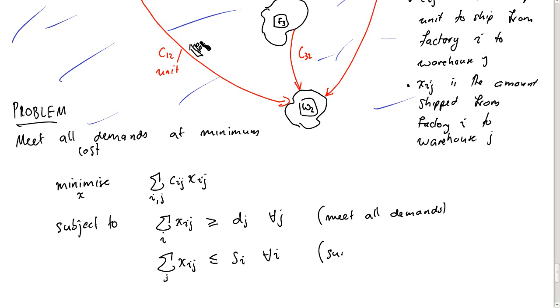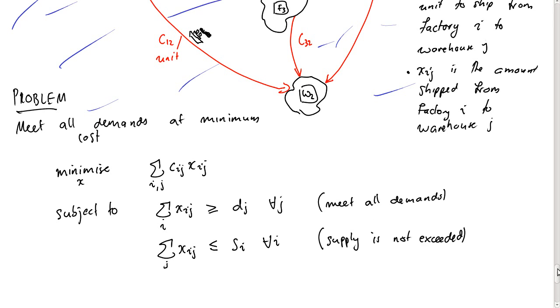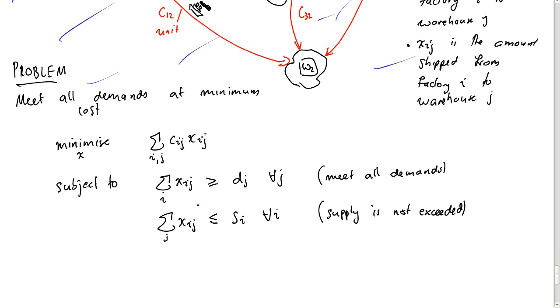So this constraint says that supply is not exceeded. And finally, there's nothing enforcing non-negativity at the moment, so we need to make that explicit. All of the x's have to be greater than or equal to 0 for all i and j. Once again, we have a linear program.